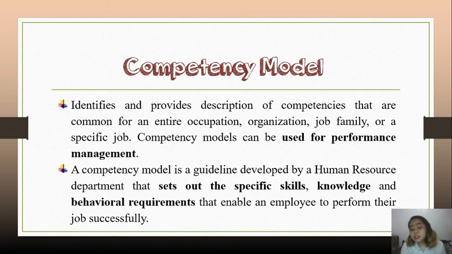So, competency model can be used to help identify the best employee to fill open position and as the foundation for development plans that allow the employee and manager to target the specific strength and development areas.